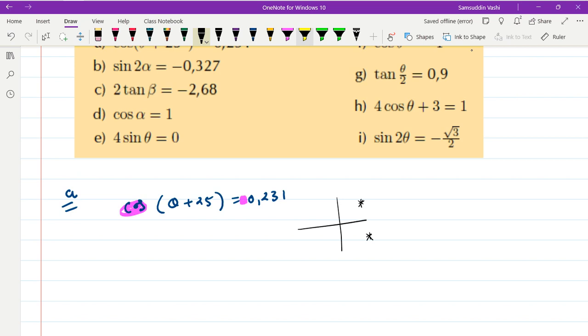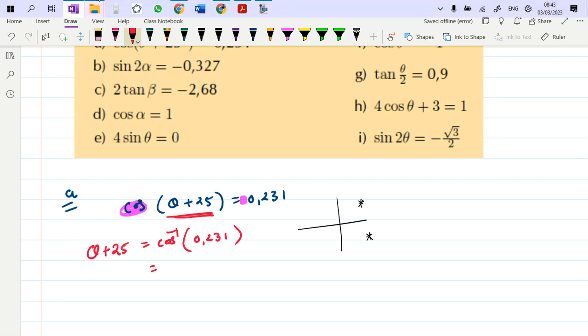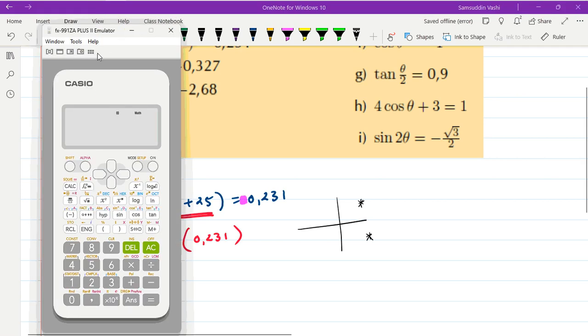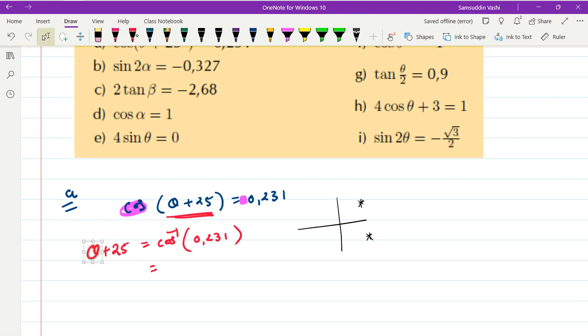So this is a very simple example where you already have the function alone. You don't have to do anything; you just start with the inverse. This is my angle, not theta. Theta plus 25 is my angle. So theta plus 25 is equal to cosine inverse of 0.231. If we use a calculator, what's my answer? 76.64.